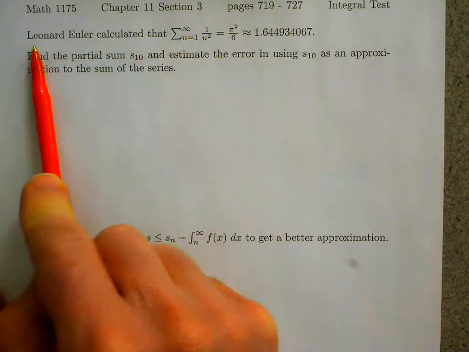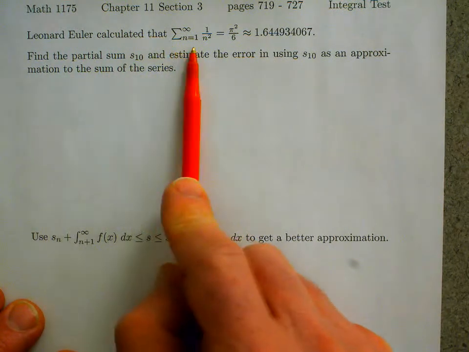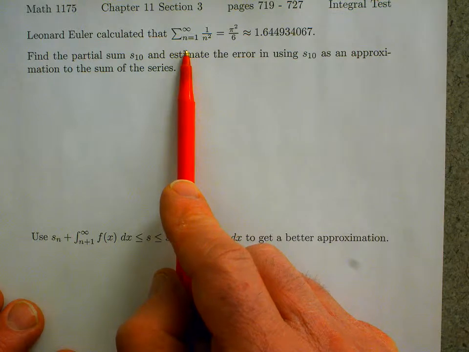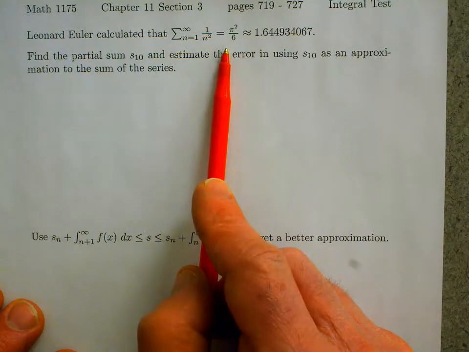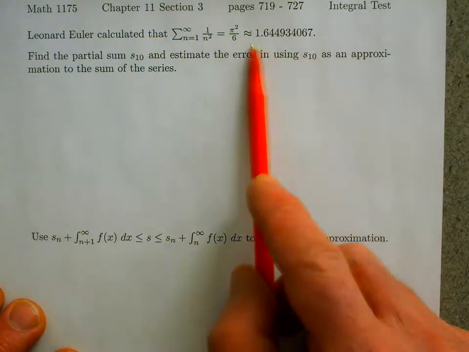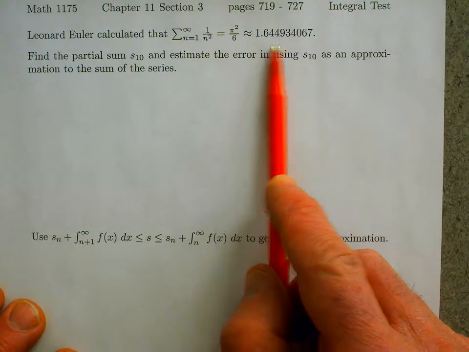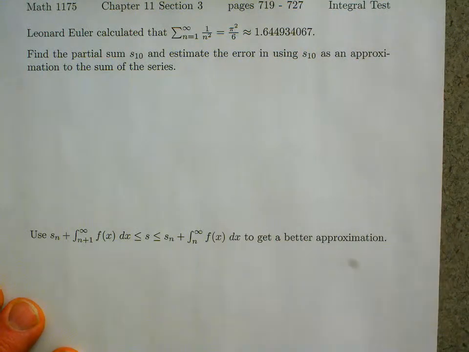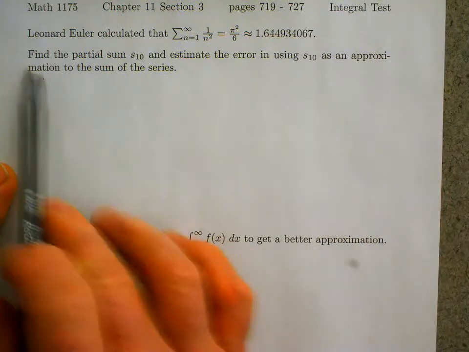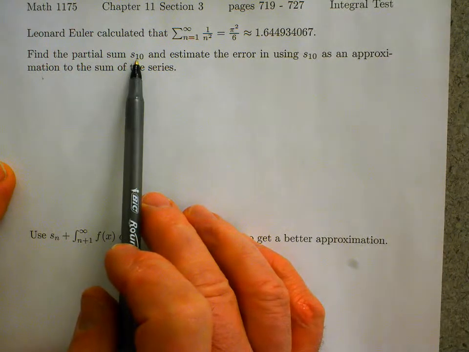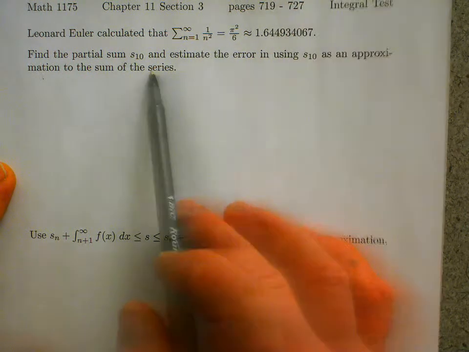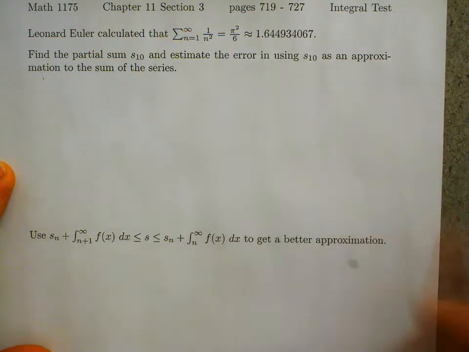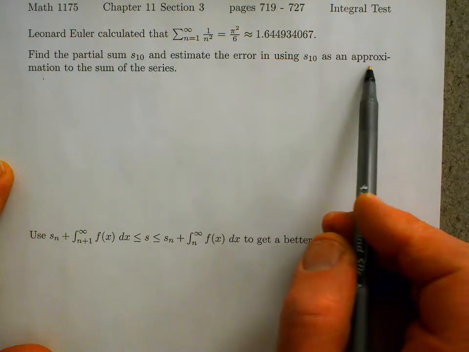The famous mathematician Leonard Euler calculated that the exact sum of the infinite series of 1 over n squared is equal to pi squared divided by 6, which is approximately 1.644934067. So in this exercise, we're going to find the partial sum s sub 10, where the a sub n terms are 1 over n squared. And then we'll estimate the error in using s sub 10 as an approximation.